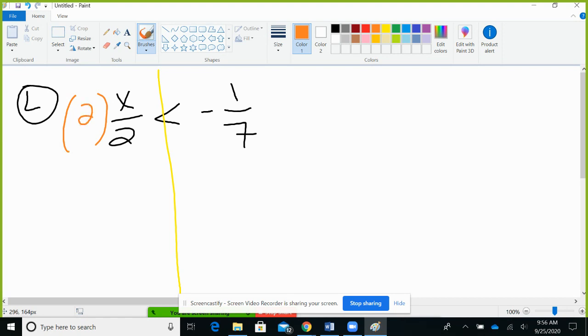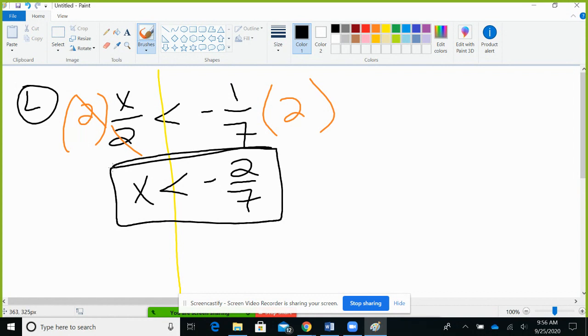Perfect. Multiply both sides by 2. And I'm left with x is less than negative 2/7. Any other questions thus far?